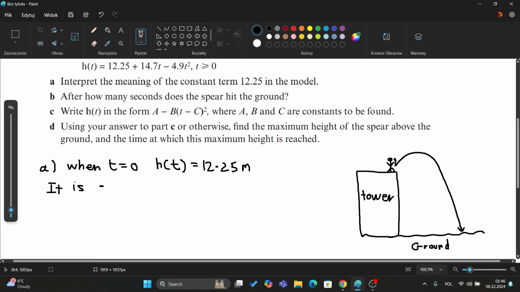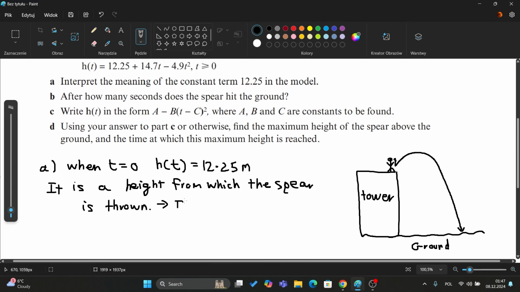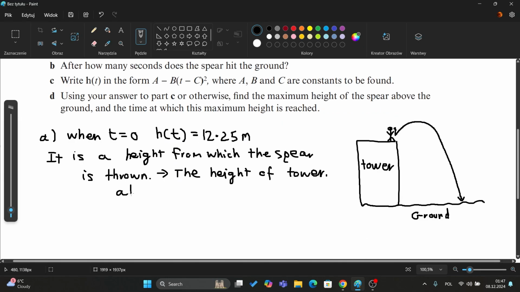It is the height from which the spear is thrown. The height of the tower at time t equals 0.